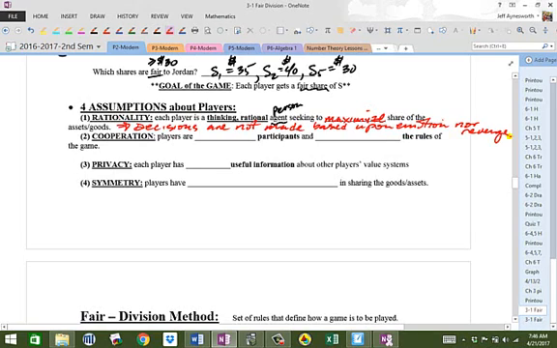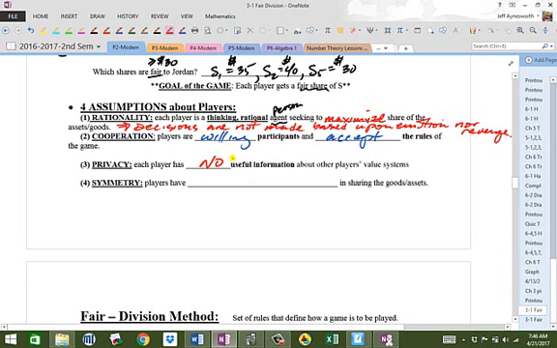Now, in terms of cooperation here, players must be willing participants and accept the rules of the game. Whatever the rules may be, once you're in the game and you're dividing things, you have to accept those rules once they are made. In respect to privacy, each player has no useful information about the other's value systems.